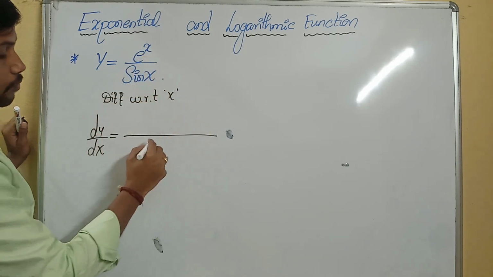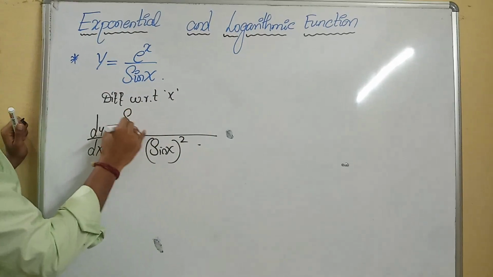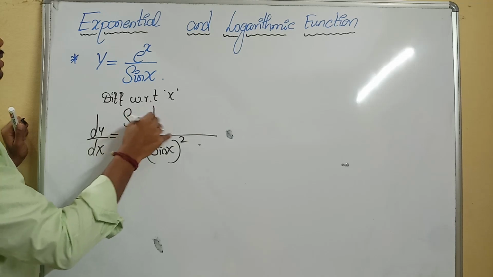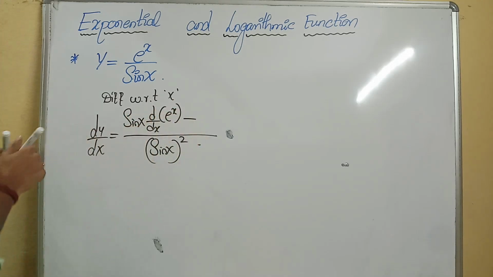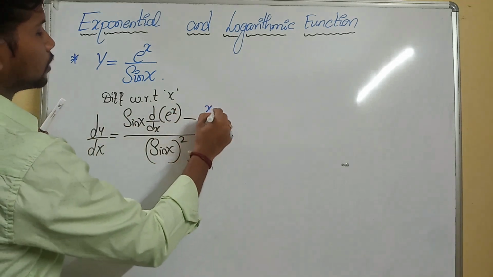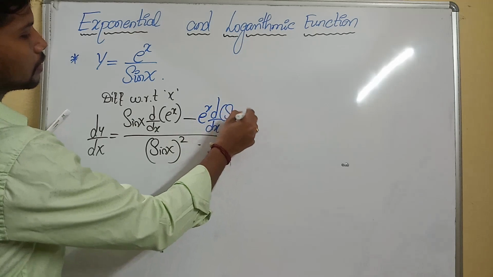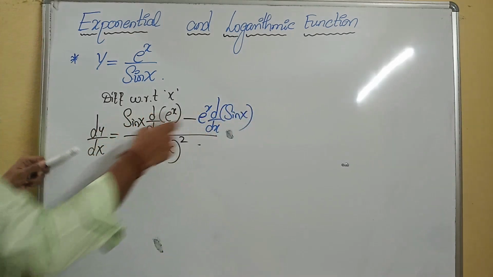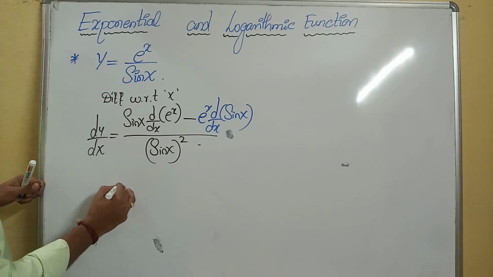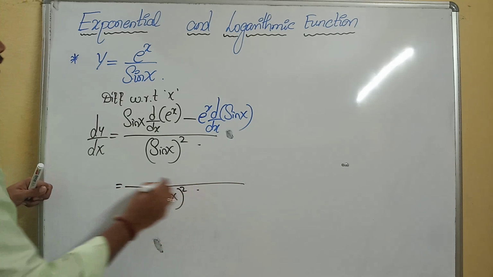It is v square in the denominator, so sin x whole square, with sin x as it is, d by dx of e raised to x, minus e raised to x as it is, d by dx of sin x in the numerator. That is, v derivative of u minus u derivative of v. Then the denominator won't change, sine of x whole square as it is.